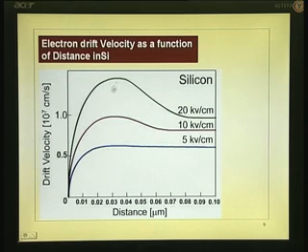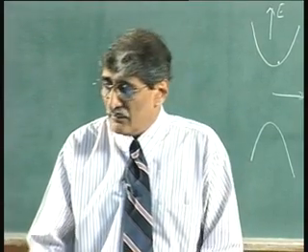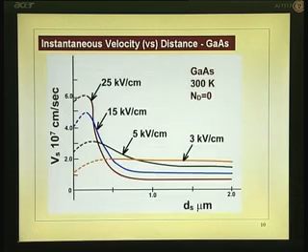Maybe 1.5, less than 1.5. But you do get that. So, to be fair to silicon, you get the velocity overshoot effects, but you will be able to reap the benefits only if the channel lengths are very small, of the order of 0.05 micron, which is tough to achieve. So, now let us go back to what we have been discussing.